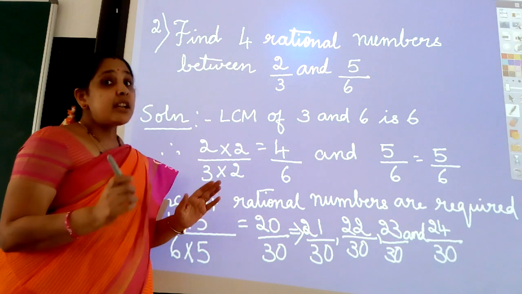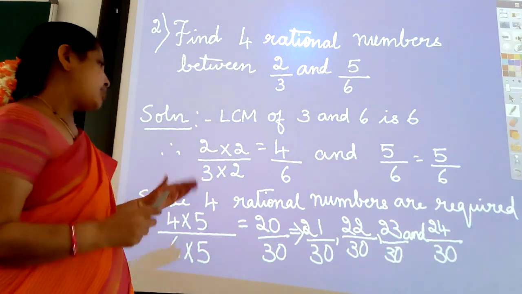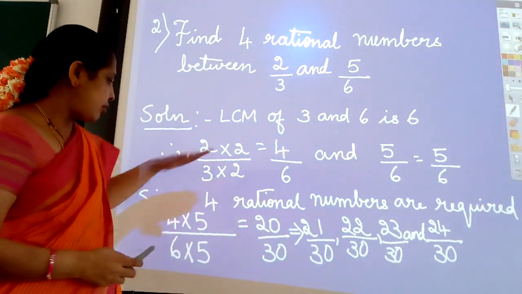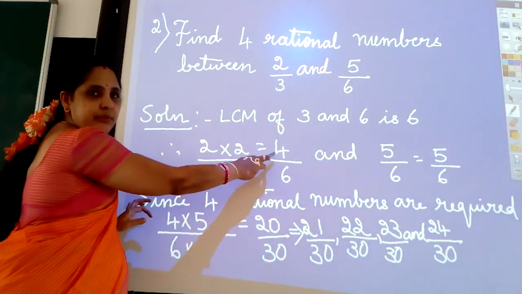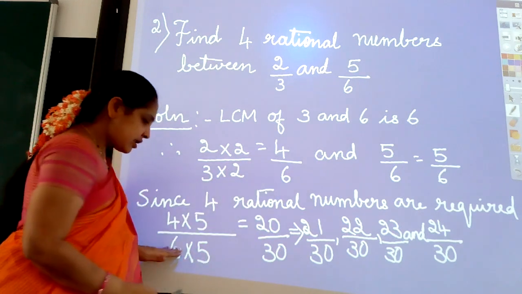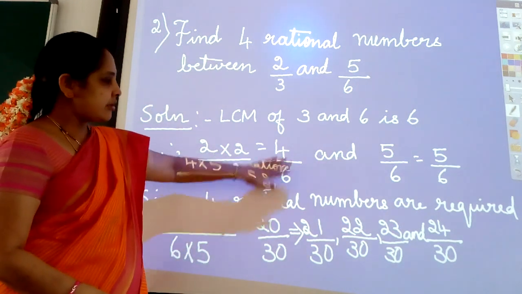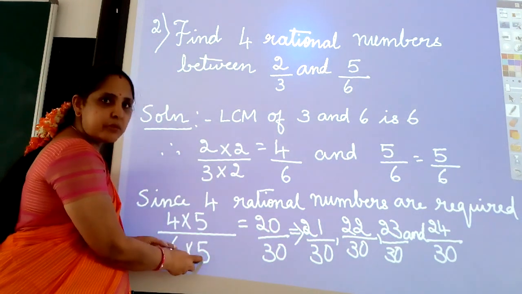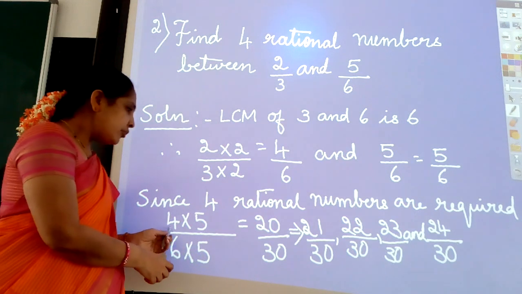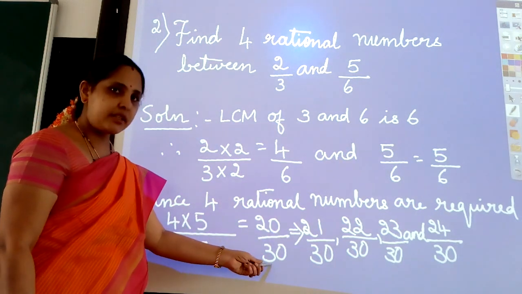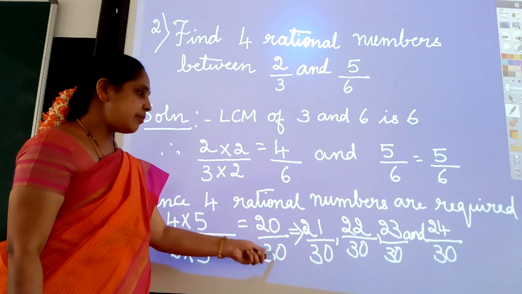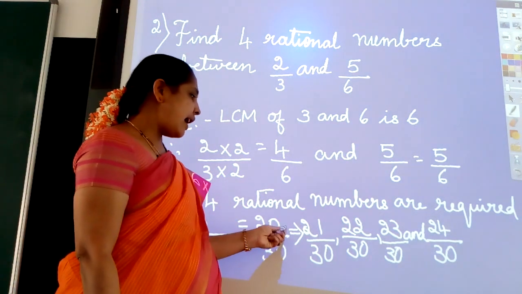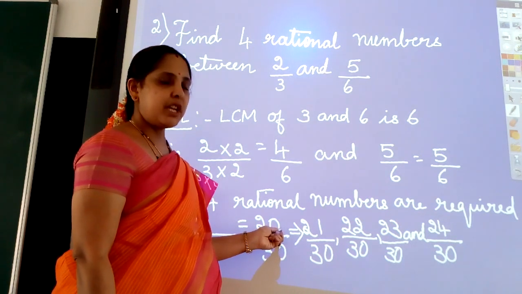Now, we are required to find 4 rational numbers between the given two rational numbers. So I write the first rational number, that is 4 by 6, into 4 plus 1, which is 5. I am going to multiply numerator and denominator by 5 here. I get one equivalent rational number, that is 20 by 30. In the next step, I add 1 to this numerator.